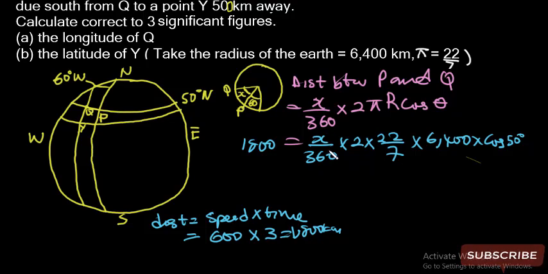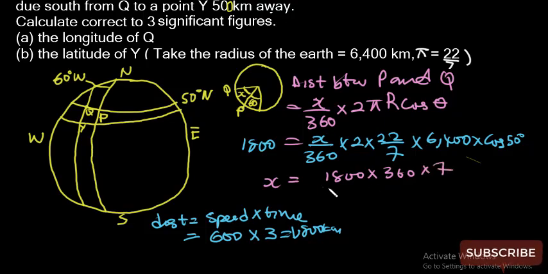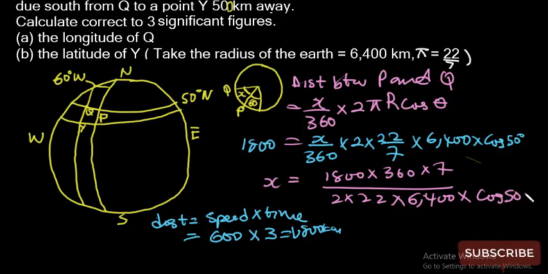So now if we do our calculation, we have X equals 1,800 times 360 times 7 to be divided by 2 times 22 times 6,400 times cos 50 degrees.